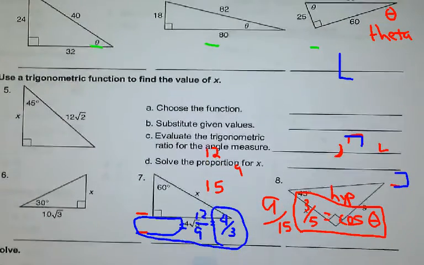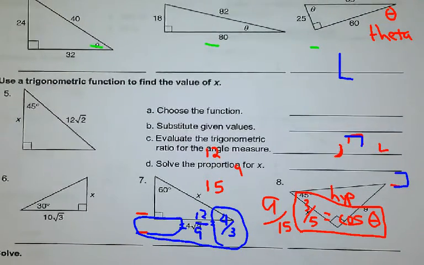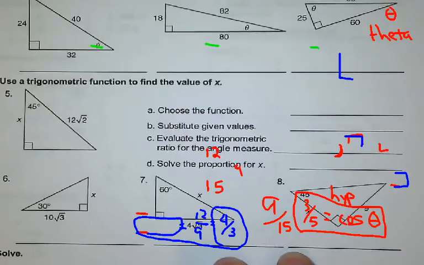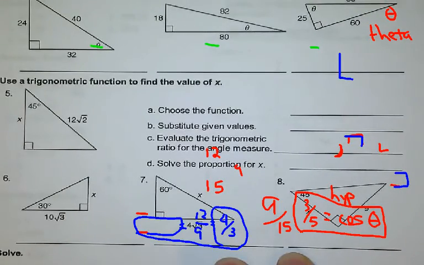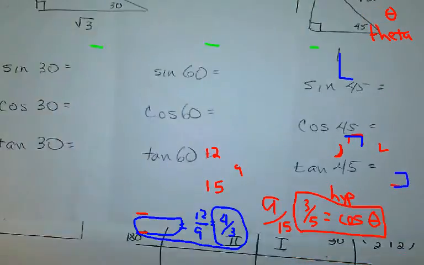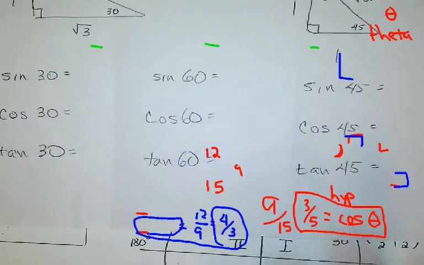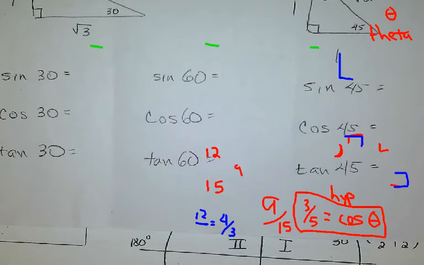Oh, forgot one more thing. Here we go. We've got some special triangles. Oops, I keep hitting the wrong button. We have some special triangles.